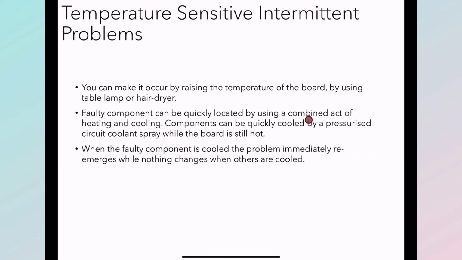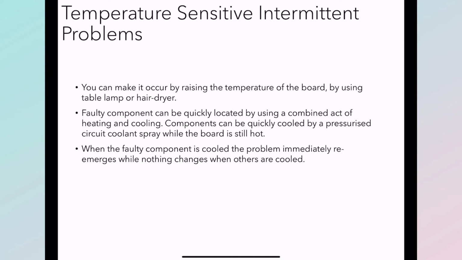Okay, now let's move towards the temperature sensitive intermittent problems. It is observed that if we are facing problems which are off and on, sometimes they appear and sometimes they do not, those are called intermittent problems.